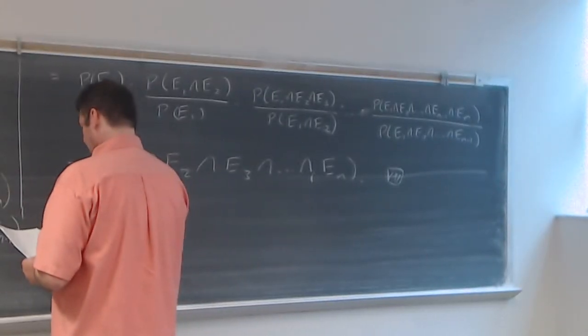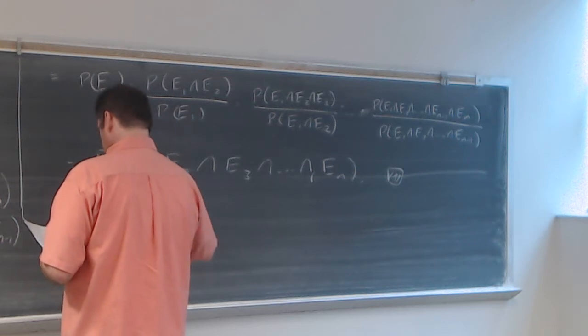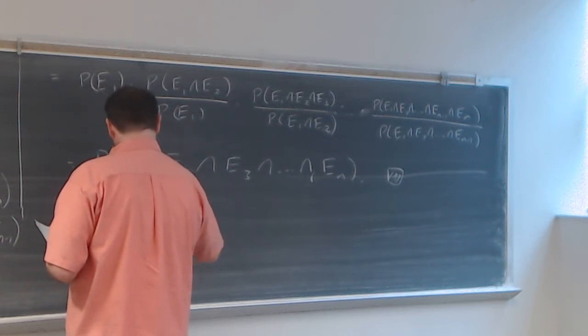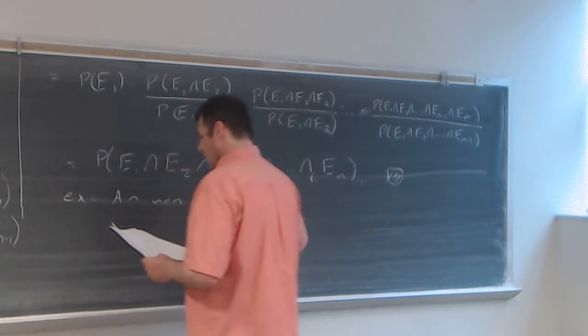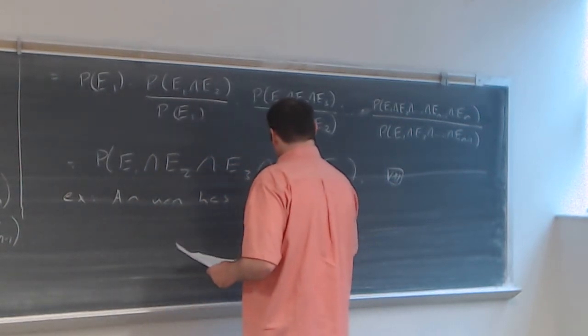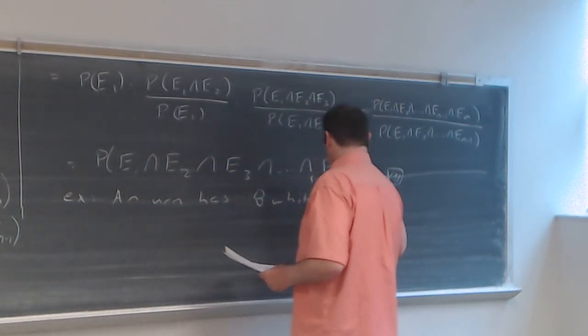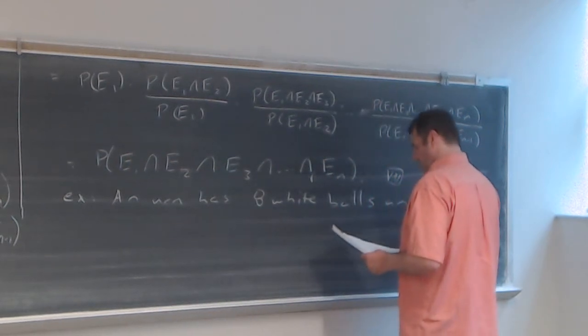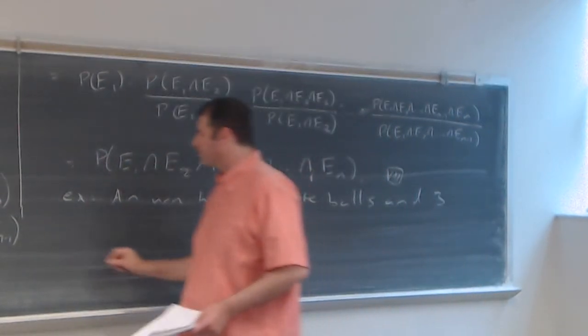So let's go back to that urn problem. An urn has 8 white balls and 3 red balls.